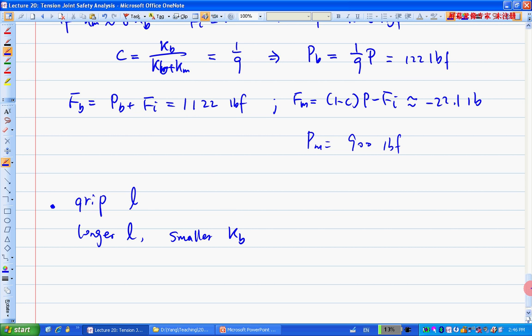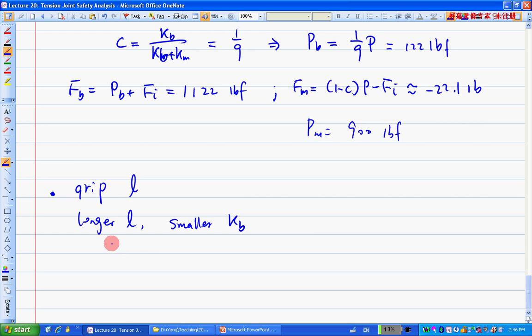If it's a smaller Kb, how does that affect the C value?